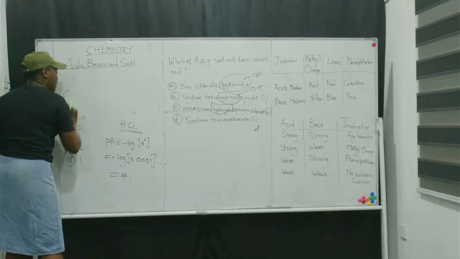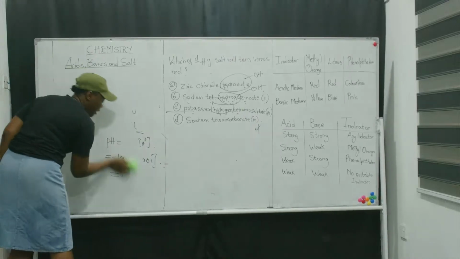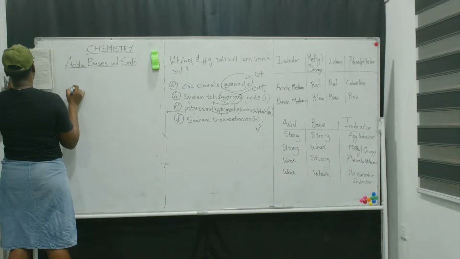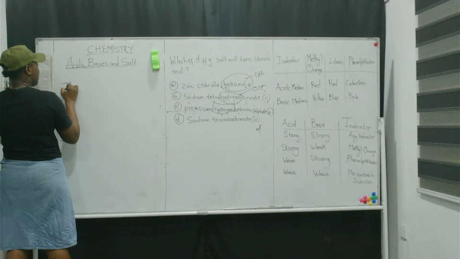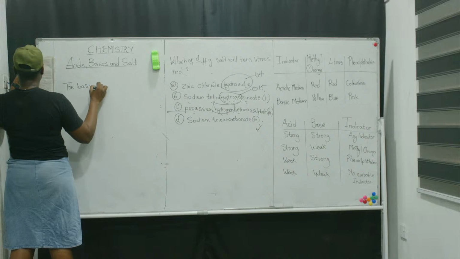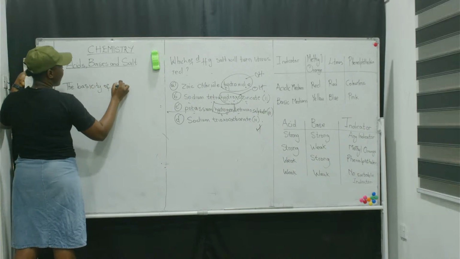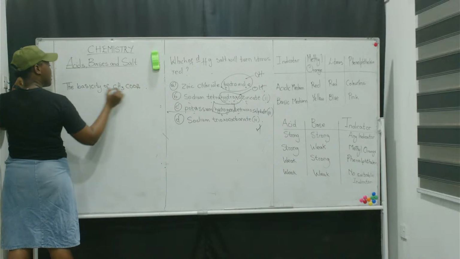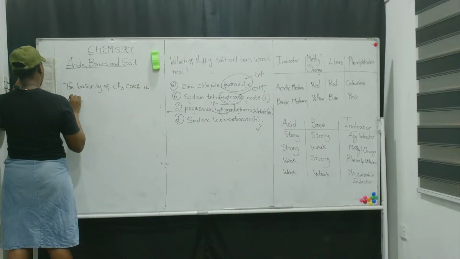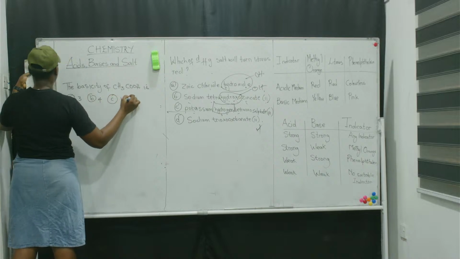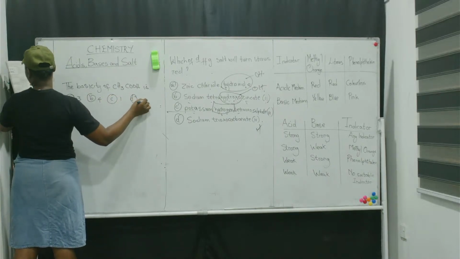This question I mentioned earlier that I saw in the first question, so let me write it out. The basicity of CH3COOH is: A 3, B 4, C 1, D 2.